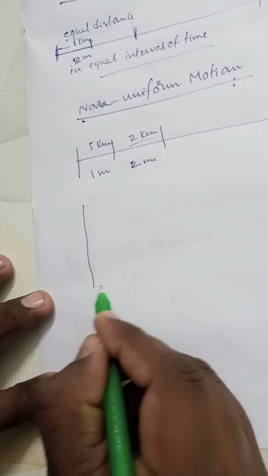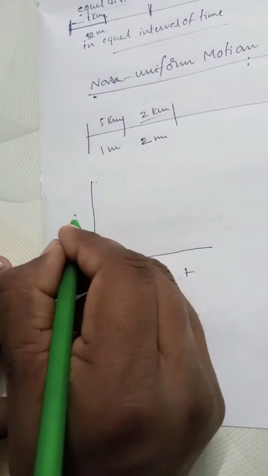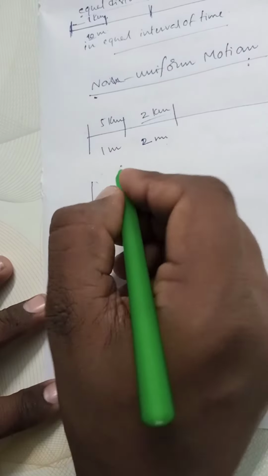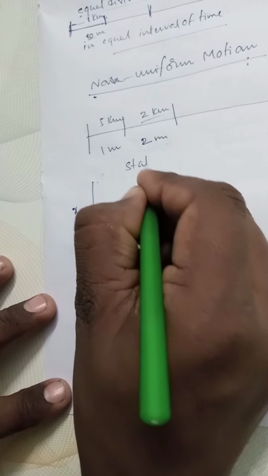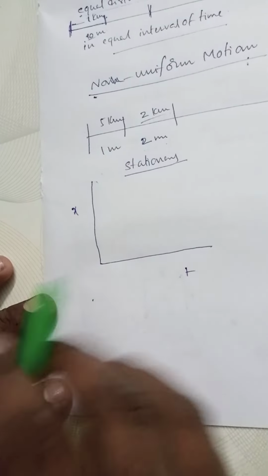Now let us discuss the graphs. Here is the graph between time and position. We take the position of a stationary object. A stationary object means there is no change in position with time.